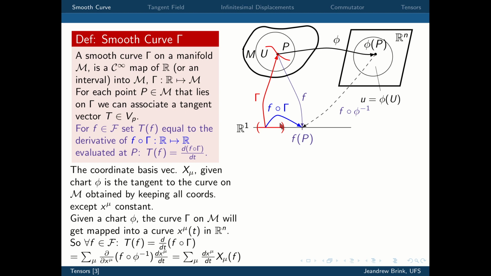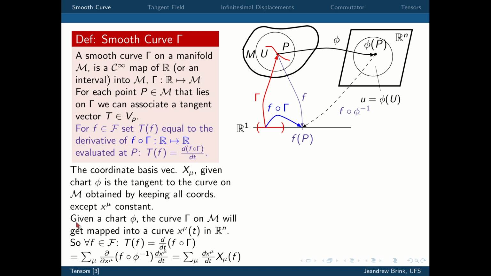And so what we basically did is, on the coordinate basis vectors, with a given chart, the tangent is the curve on the manifold obtained by keeping all the coordinates except for x mu constant, right? So our coordinate basis actually gives us some curves as well.